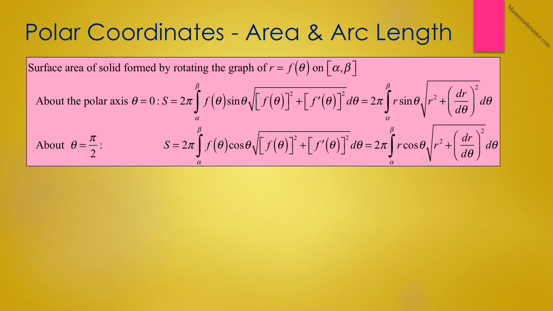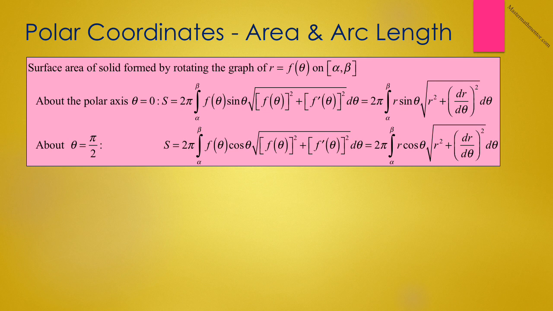We can rotate it first around the polar axis, which is theta equals 0, and get the formula S is equal to 2 pi integral from alpha to beta of f of theta sine theta times the square root of f of theta squared plus f prime of theta squared d theta, or simply 2 pi integral from alpha to beta of r sine theta square root of r squared plus (dr d theta) squared d theta.